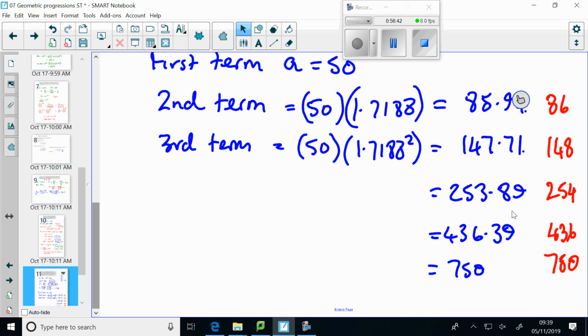RPM, each of them. Okay. So, on the next pages of your handouts, there are some geometric progression problems for you to work through, please.